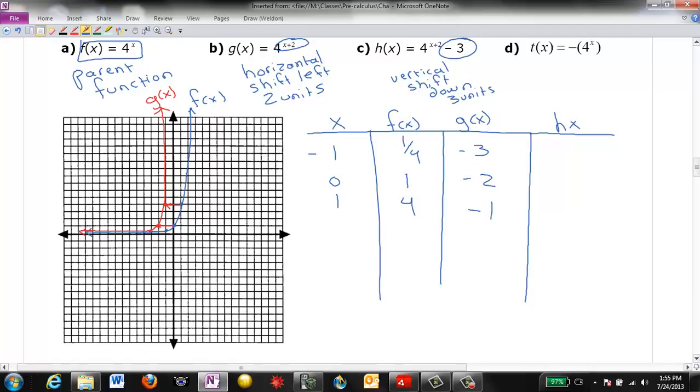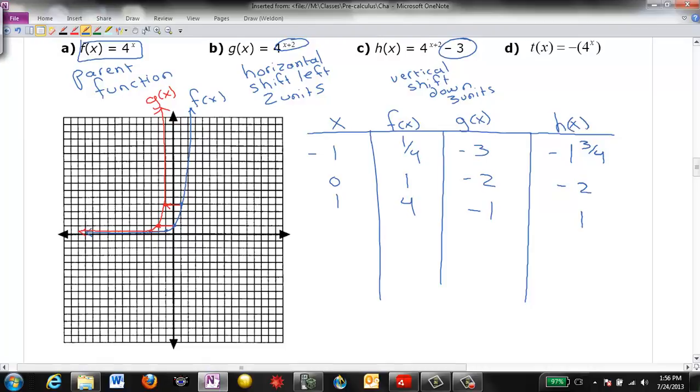And my y coordinates are going to go down 3. Right? So let's do 1/4 minus 3. You should get -2 and 3/4. And we're going to go down 3 units from 1, so that's going to put us at -2.